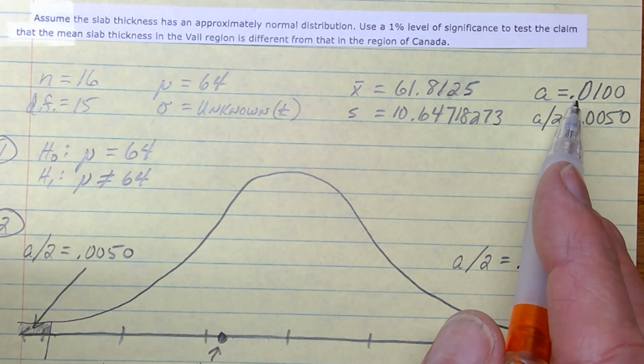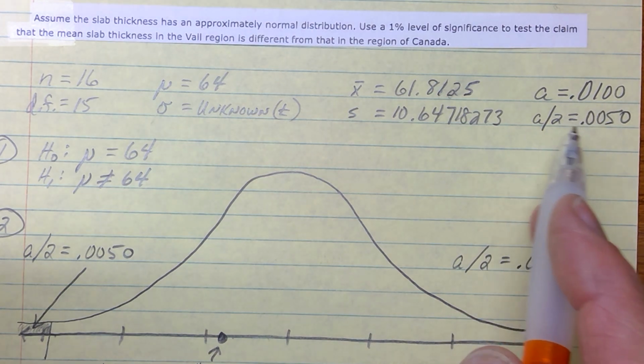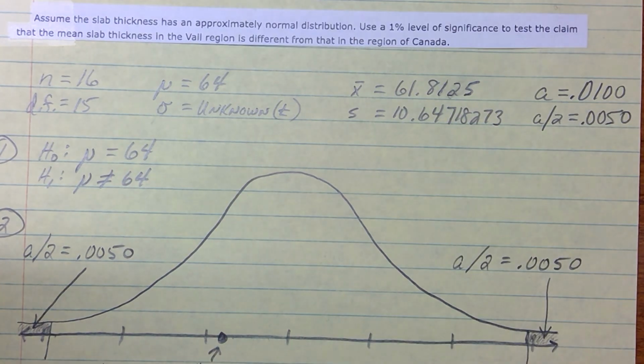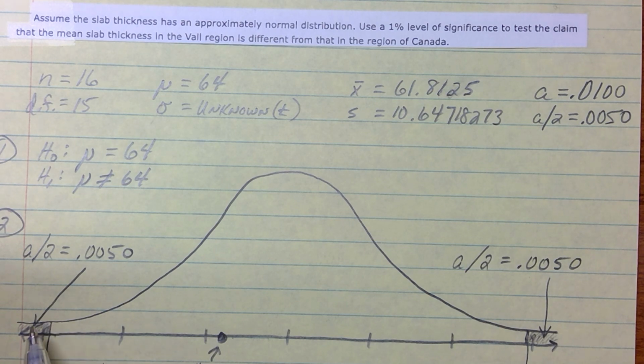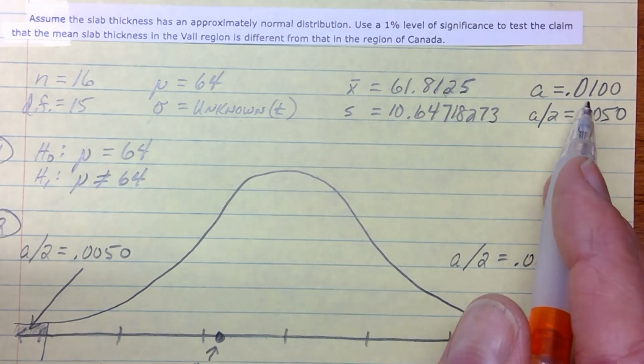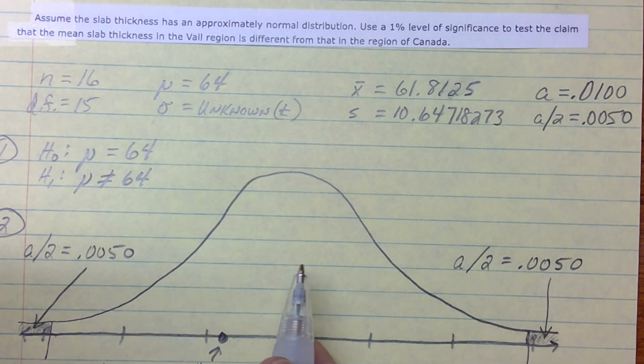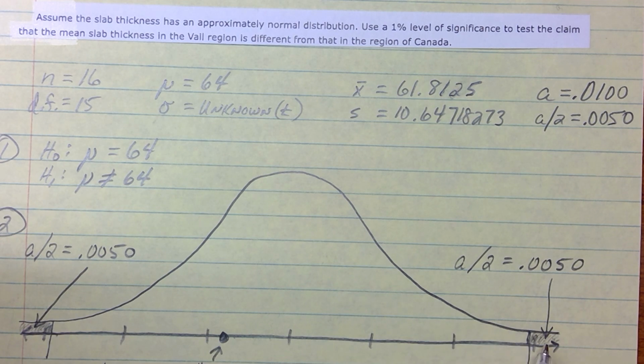But just take your calculator and do 0.01 divided by 2, and you'll get 0.005. So I'm going to shade half of a percent over here and half of a percent over here. That adds up to 1%, which leaves 99% in the middle. So I don't have very much area on the tails at all.